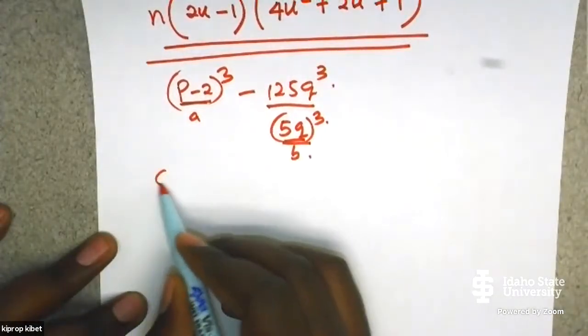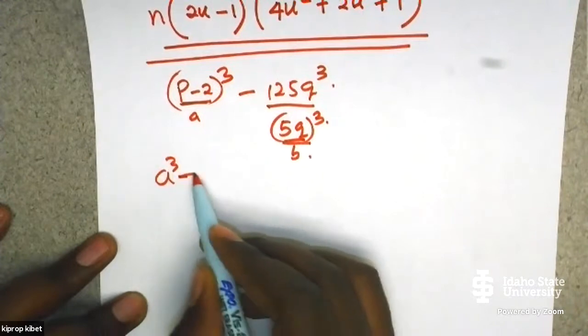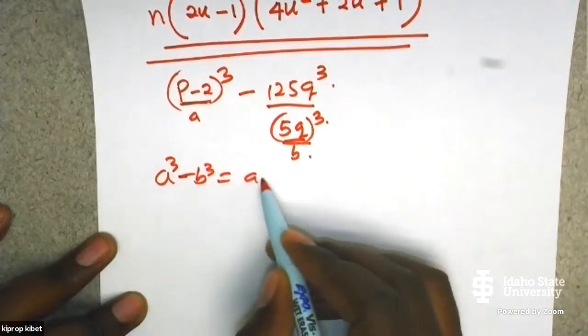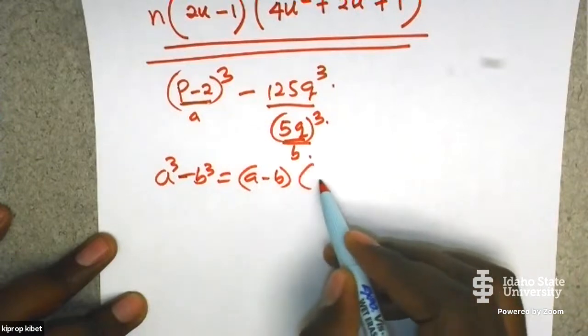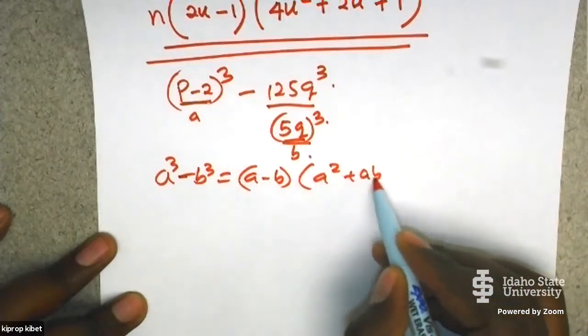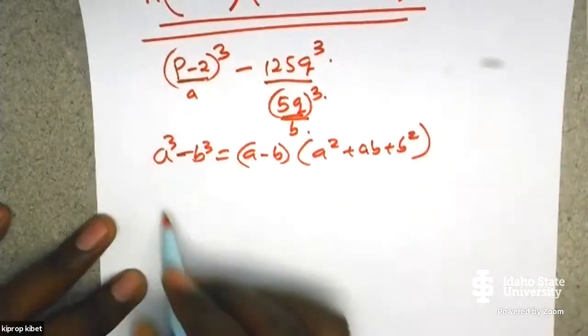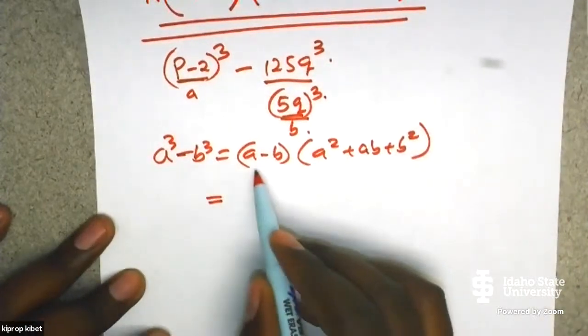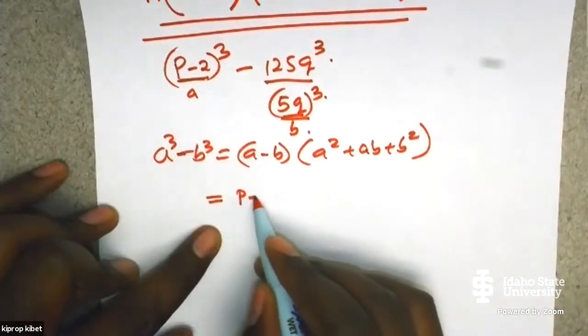So now using formula number 2, A cube minus B cube equals (A minus B)(A square plus AB plus B square). You just bring them down here. A is p minus 2.